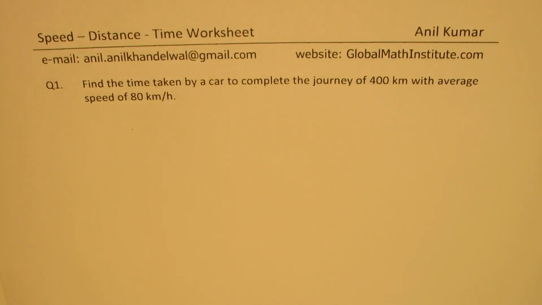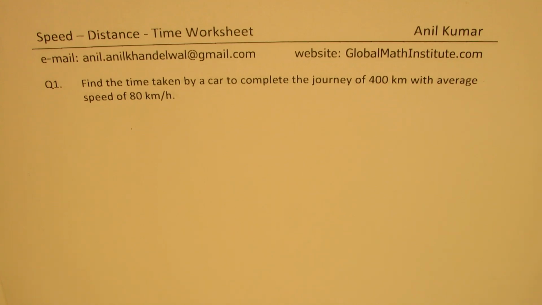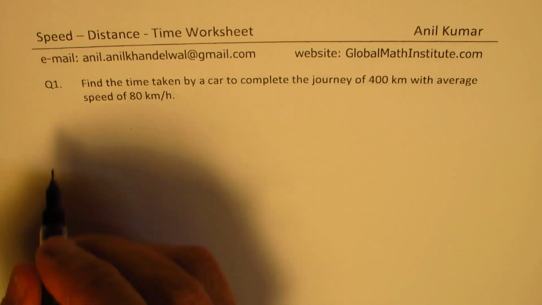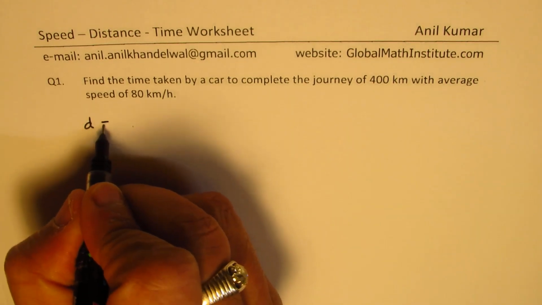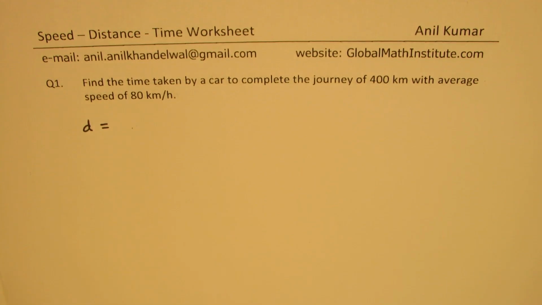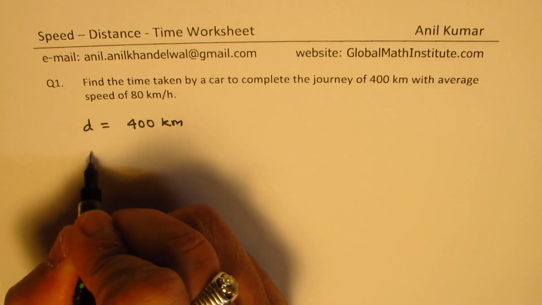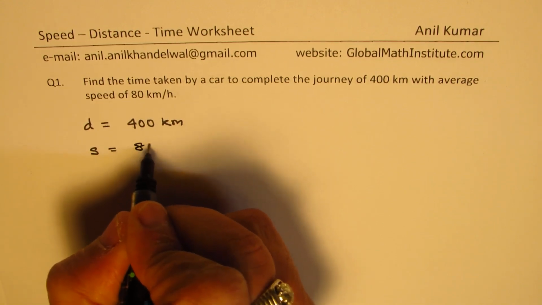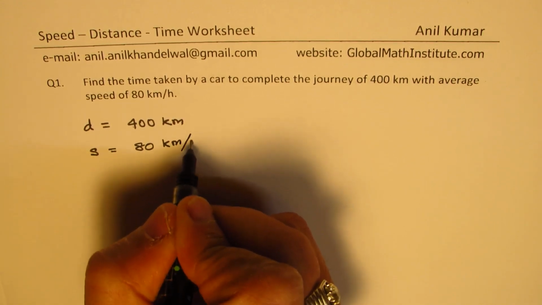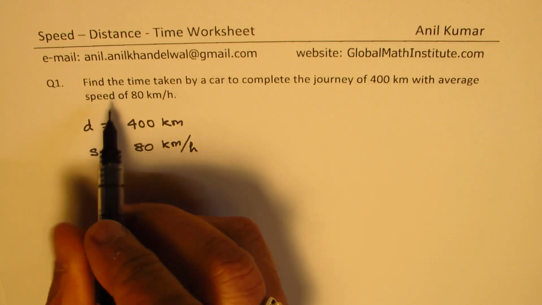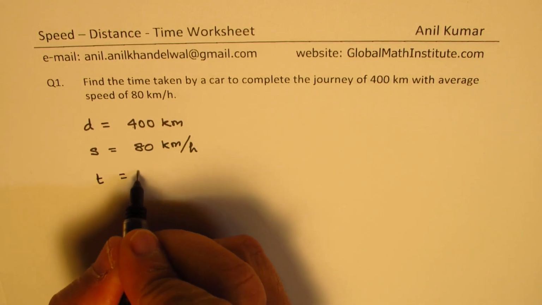The very first question here is, find the time taken by a car to complete a journey of 400 kilometers with an average speed of 80 kilometers per hour. Normally, we are going to use lowercase for our variables: d is the distance, 400 kilometers, s is the speed, 80 kilometers per hour, and we need to find the time taken, t, right?